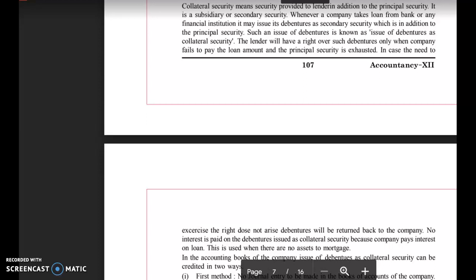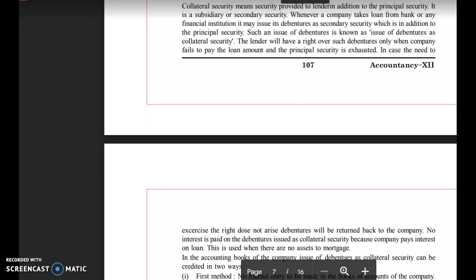First of all, we must understand the meaning of the word collateral security. Collateral security means some additional or secondary security which is given in addition to the principal or first security. Generally, when the company takes loans from financial institutions or banks, in order to secure themselves that the company will make the payment of the loans, they demand some additional or secondary security.